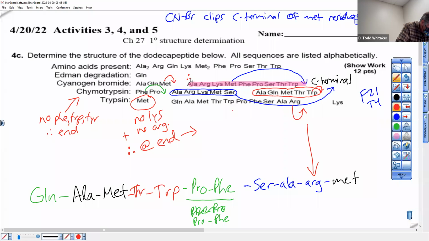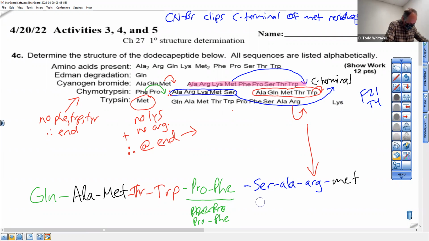Okay, that's cyanogen bromide. That's not there. This was the Met. There's the Met. Talking about chymotrypsin, therefore, this is at the end. I mentioned it earlier in words, but I did not formalize it.